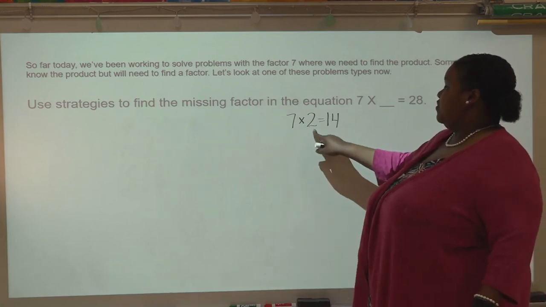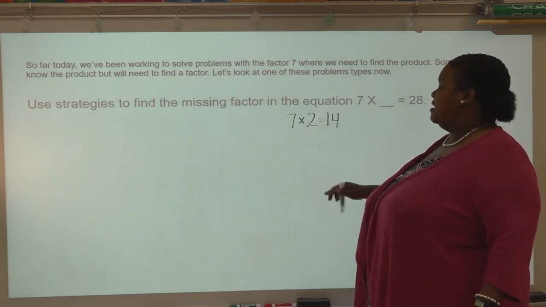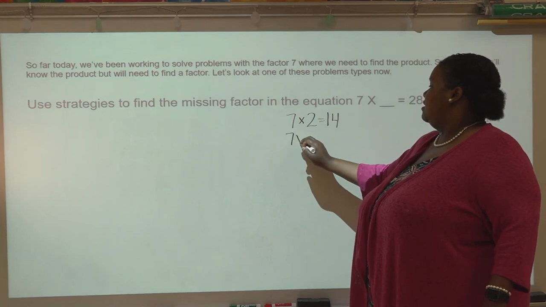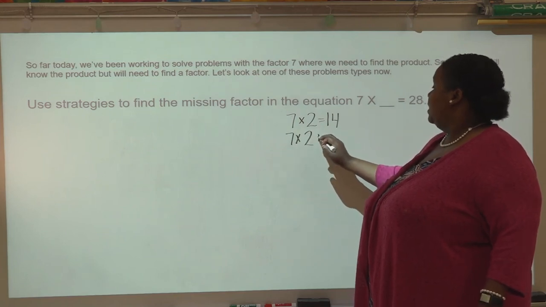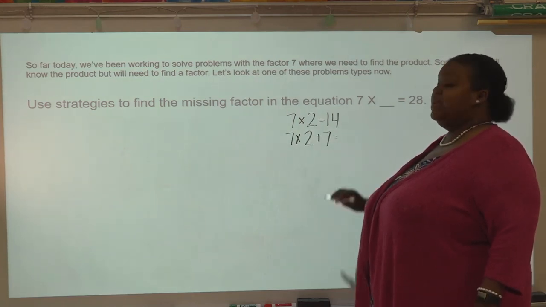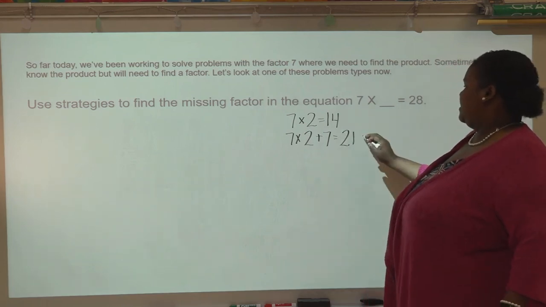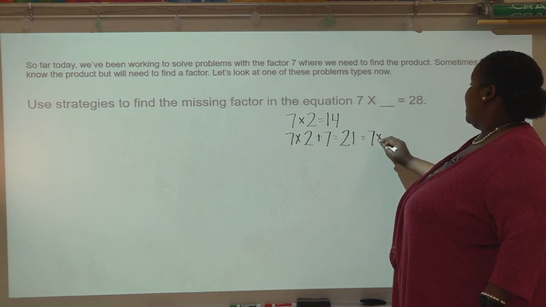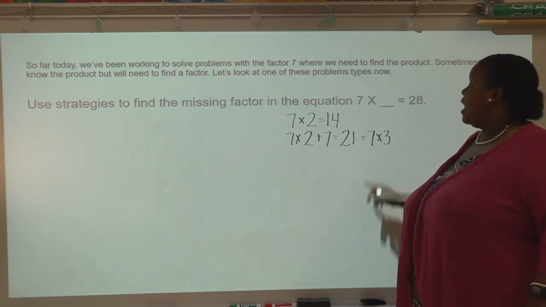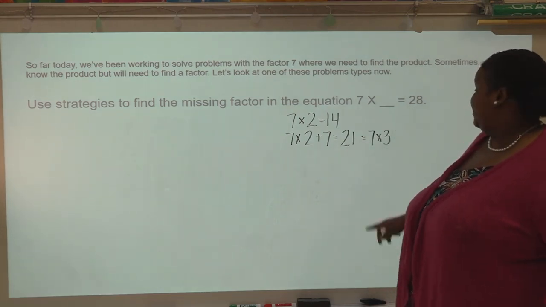So if 7 times 2 is 14, let me add another 7. 7 times 2 plus 7 would be 21. So that's the same thing as saying 7 times 3. I'm still trying to get to 28. I haven't made it so far.